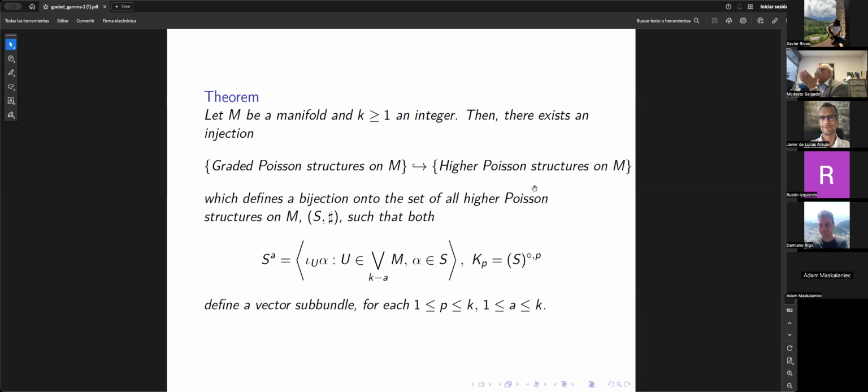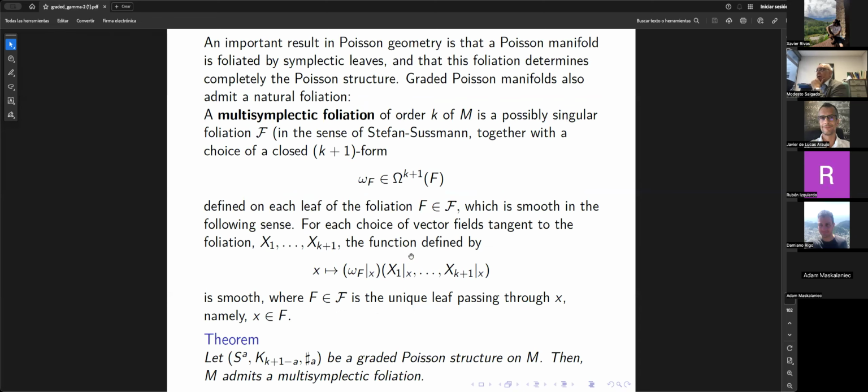And okay, this is another relation between the Poisson structure and higher Poisson structure, because we are trying to relate our notions with the notions previously defined by all these three groups of researchers. And another interesting thing is that when you have a Poisson structure, you have a symplectic foliation.